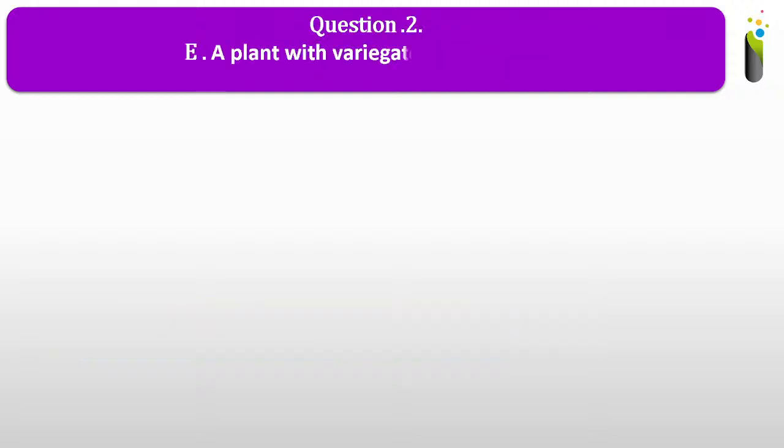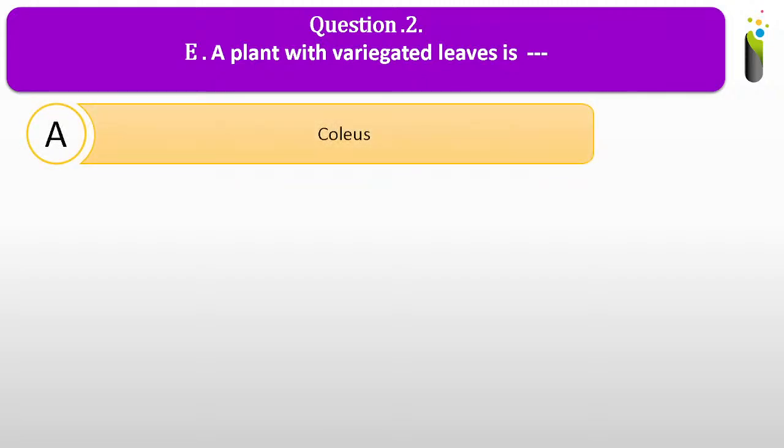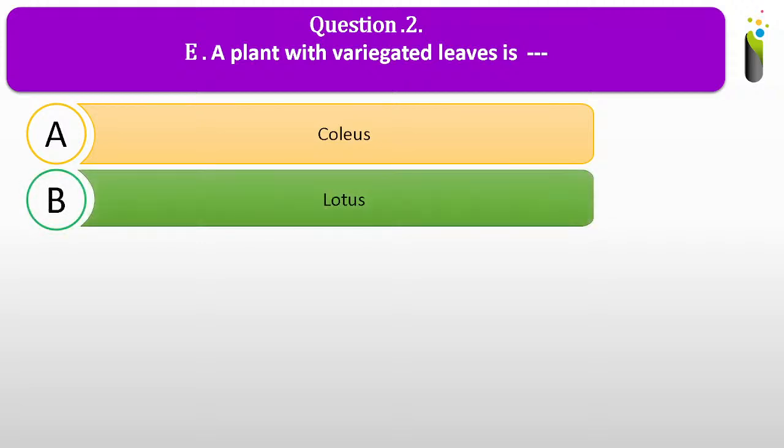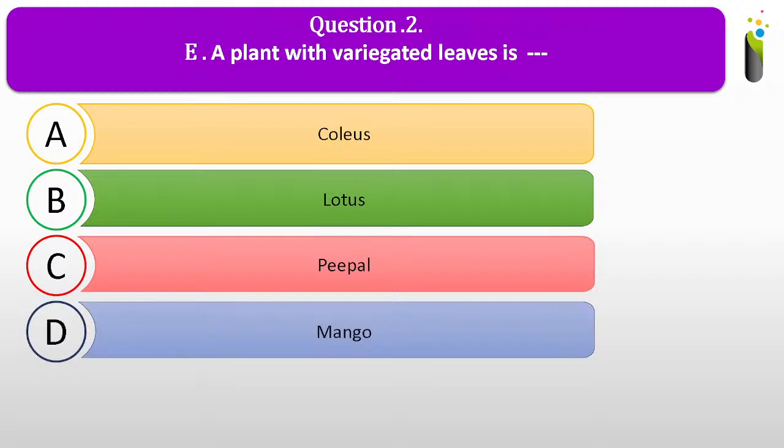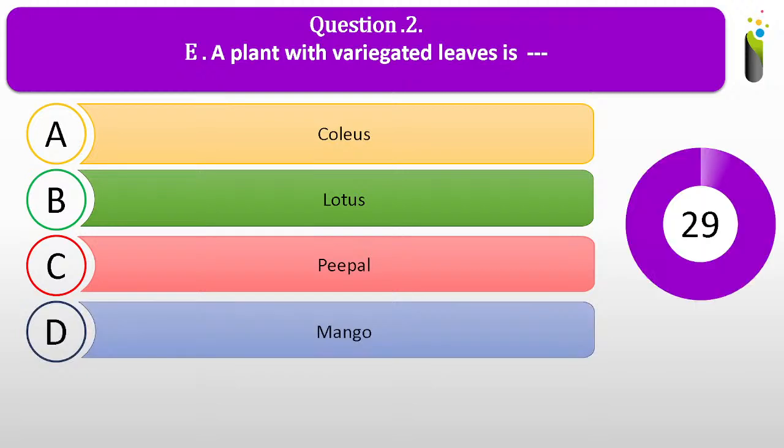Question number 2E. A plant with variegated leaves is dash. A. Coleus. B. Lotus. C. Poplar. D. Mango. So answer me.